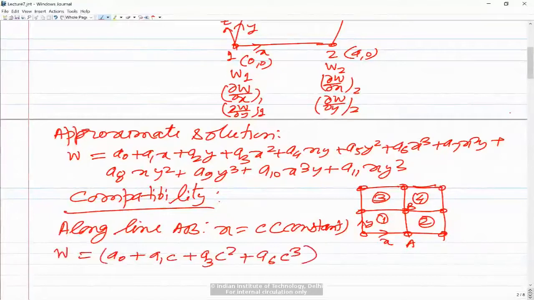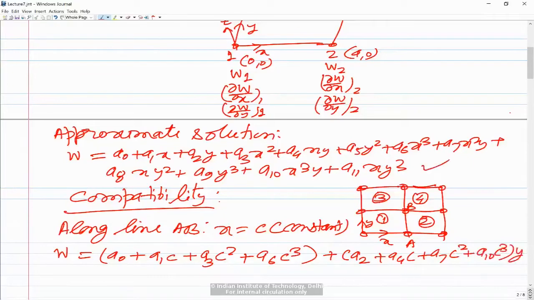So these will be the constant terms, then terms linear in y. That would be a2 plus a4 into c plus a7 into c square plus a10 into c cube into y. So what I am doing in this expression, I am putting x is equal to constant and then collecting all the constant terms, the terms linear in y, terms quadratic in y, and terms cubic in y.